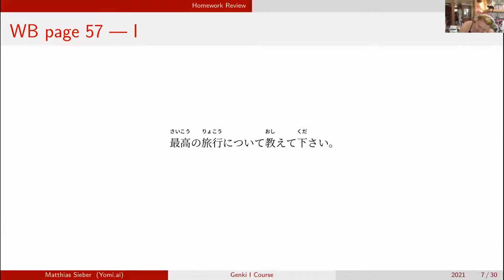So, this is another instance where you can essentially replace the question word, which is dare, right? Who, and put in your answer. So, dare to ikimashita ka? And you can, of course, also drop the question particle ka at the end. So then you just place in with whom you went, right?